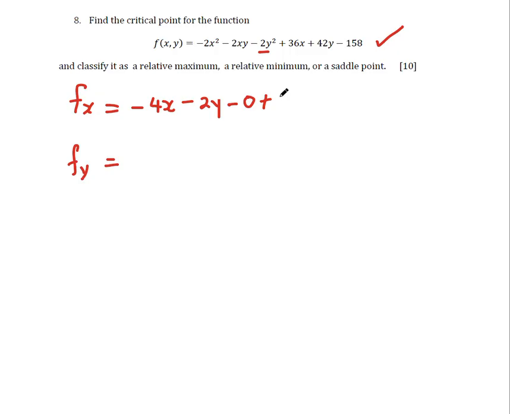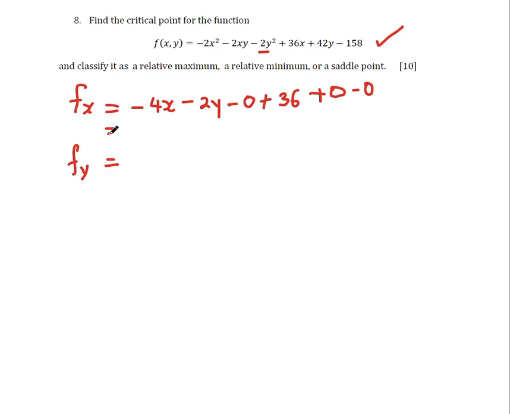Then this would be plus 36 because when we differentiate 36x with respect to x, we just get the coefficient of x, which is 36. And again, 42y would be treated as a constant because we're differentiating with respect to x. So that will be plus 0. And of course, when you differentiate negative 158, we get 0 as well.